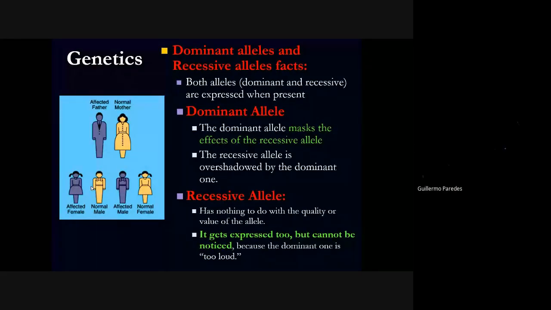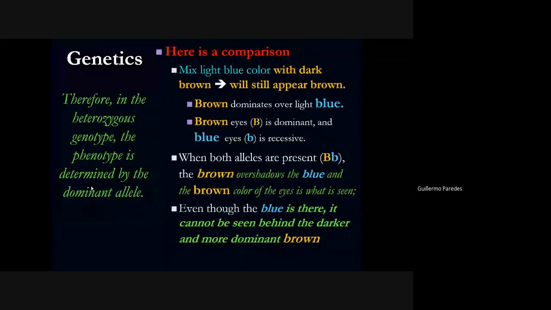All right, so we have dominant allele and we have recessive allele. Here's a comparison: mix light blue color with dark brown, it will still appear brown. Remember I was telling you about the crayons. Brown dominates over light blue. Brown eyes, capital letter B, is dominant, and blue eyes is lowercase b.